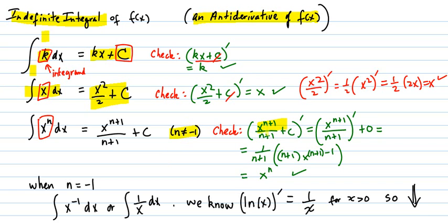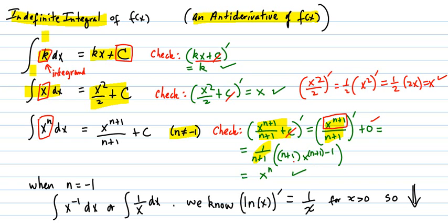Here's your check. Let's differentiate x to the n plus 1 divided by n plus 1. Of course, the constant is differentiated out to 0. So you're just differentiating this part. And so we factor out the 1 over n plus 1. And we differentiate the x to the n plus 1, this part right here.